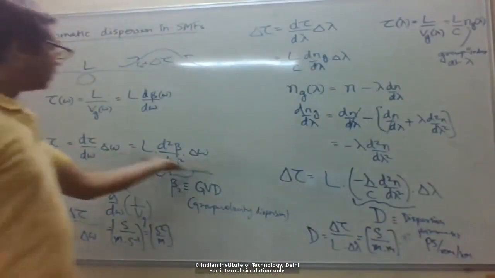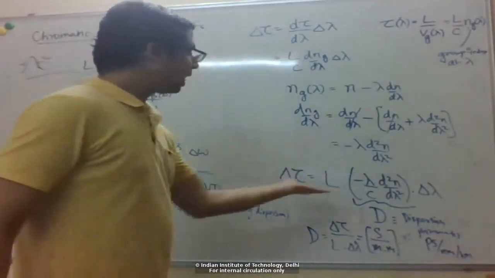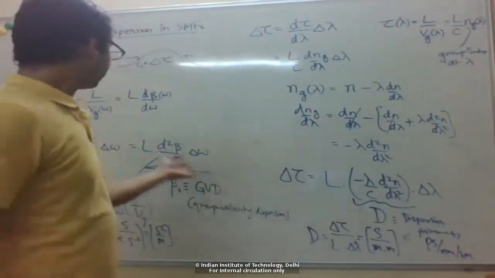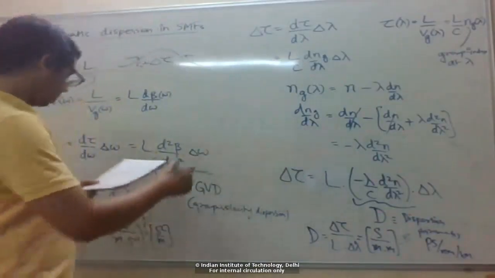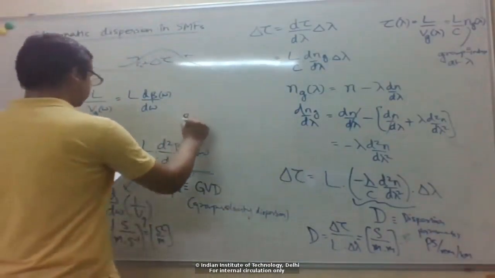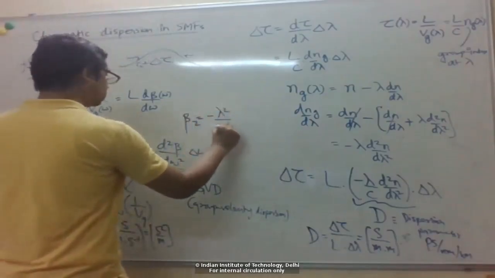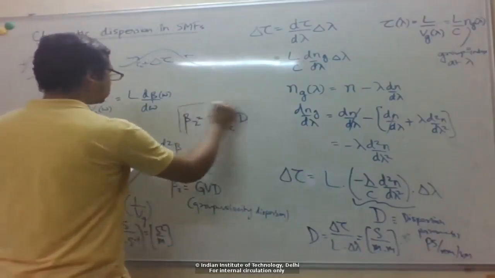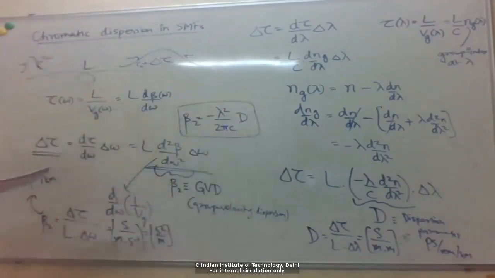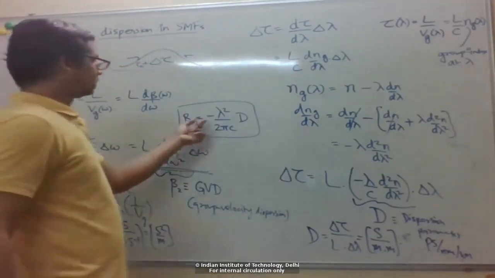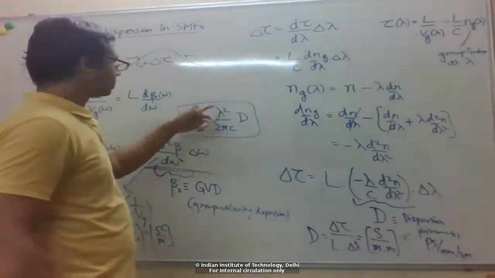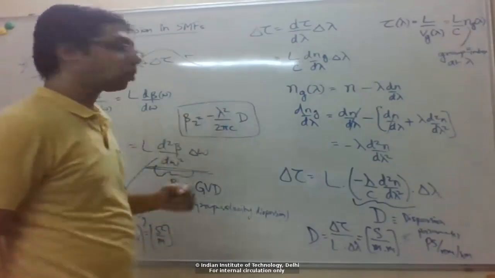You can see, of course, that D and beta 2 are related. They're talking about the same thing and we're just doing a change of units. You can check for yourself that beta 2 is related to D like this. It's just some constant of proportionality which depends on the wavelength you're operating at.